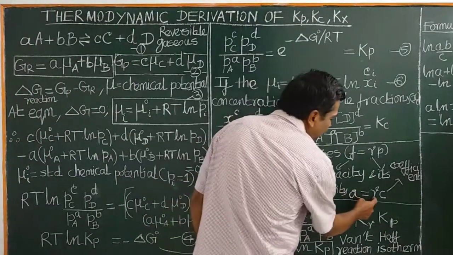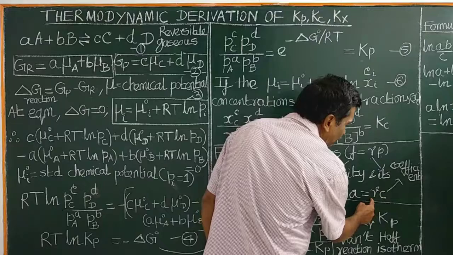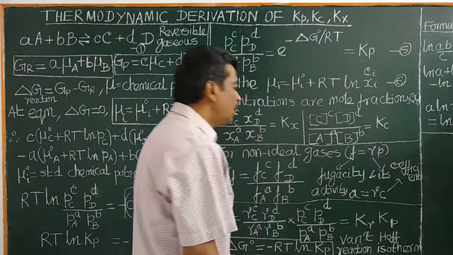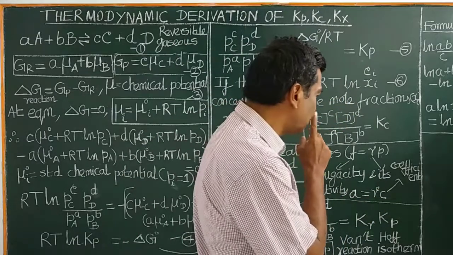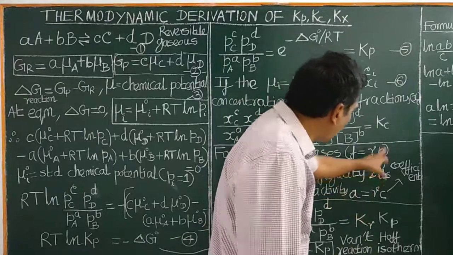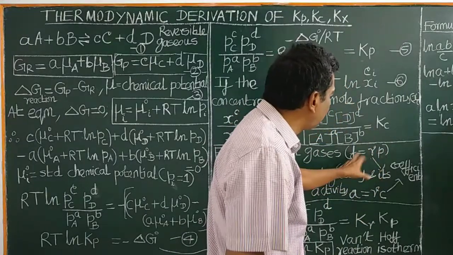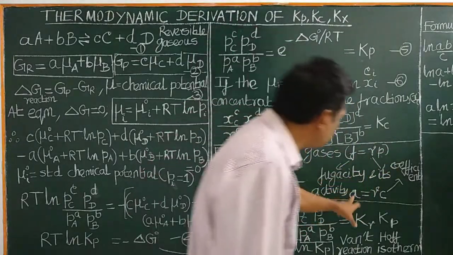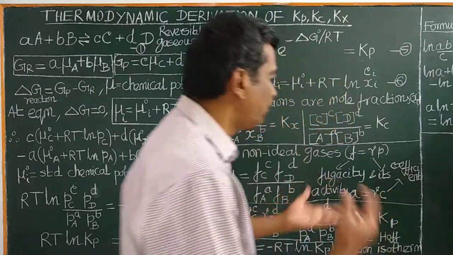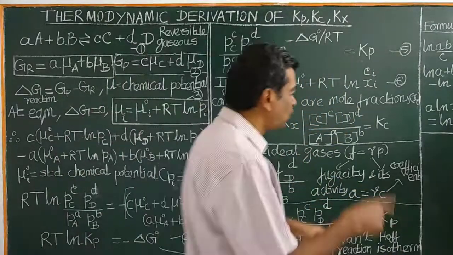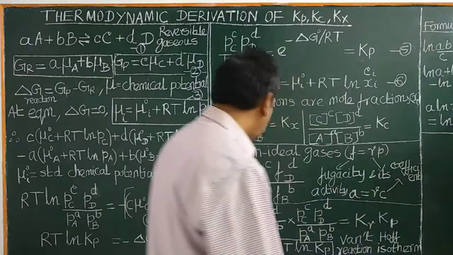Therefore a equals its activity coefficient gamma times c. For dilute solution, at low pressure, f equals p, and at low concentration, a equals gamma c equals c, because gamma equals 1. We have already studied this.